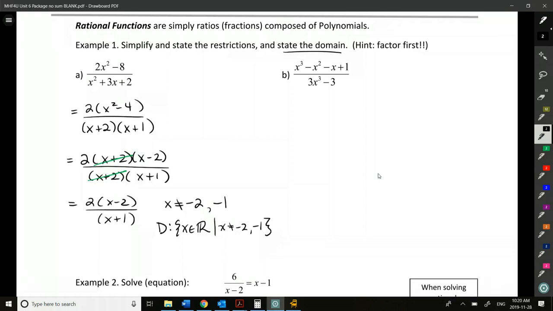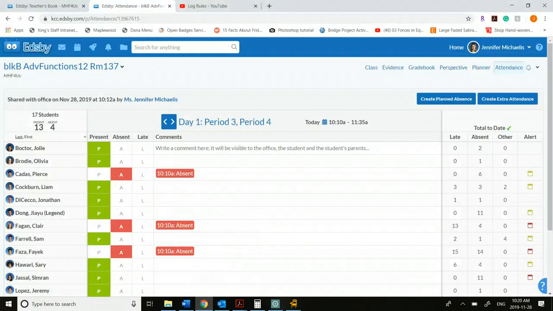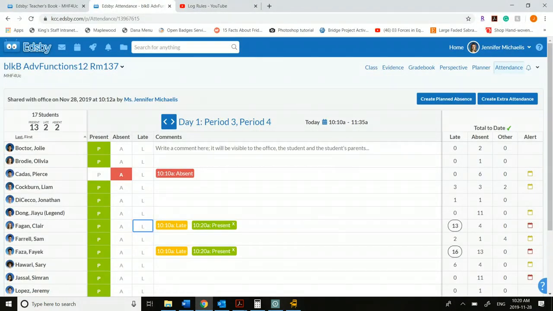Now these two restrictions actually create two very different elements on our graph. So I'd like to take a look at the graph here.